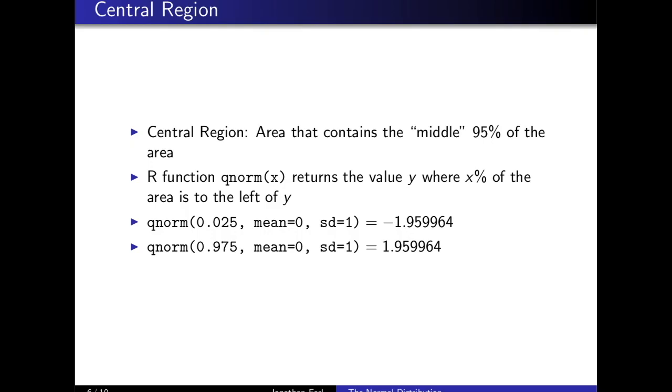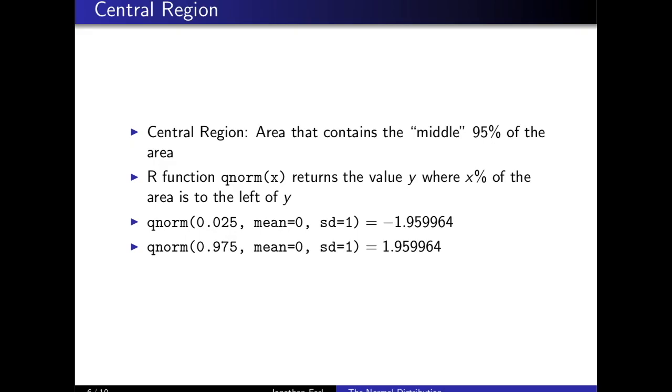With qnorm, you give it a value, so here we'll take qnorm of 0.025, and we'll take the mean to be 0 and the standard deviation to be 1. What that is asking for is what is the x value so that 2.5% of the area is to the left of that x value. And what we would have here is that at about minus 1.96, about 2.5% of the area for the normal distribution is to the left of minus 1.96.